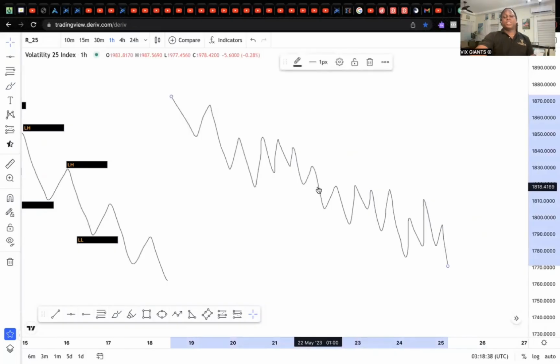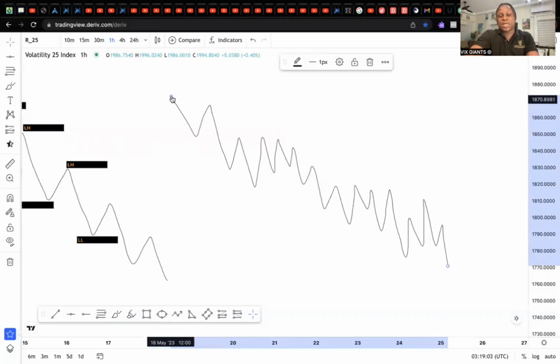So this illustration, it's looking way more complicated, but we're still on the topic of downtrend, which means this illustration that I drew is a representation of a downtrend, right? Now we're going to take our time and go through it.